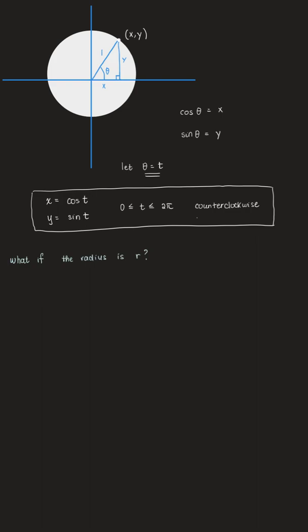If we change the above to an r, the cosine of t is actually going to be x over r, and sine of t would be y over r. Not a strange extension, which means that x would be r times cosine of t, and y will be r times sine of t. And if we still want one full rotation in the counterclockwise direction, then our interval is still from 0 to 2 pi.